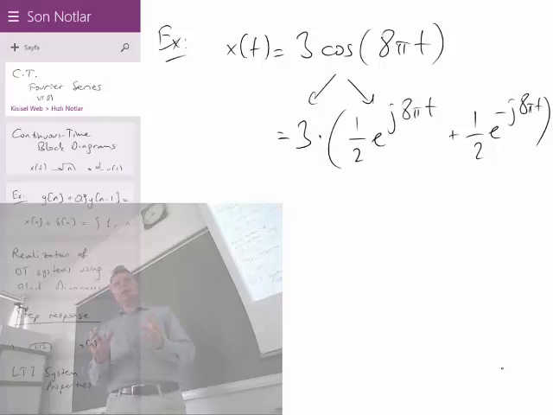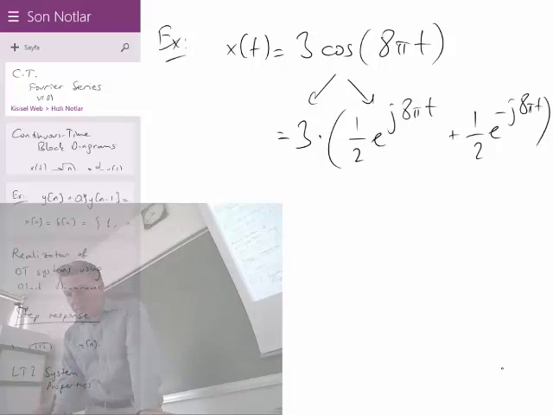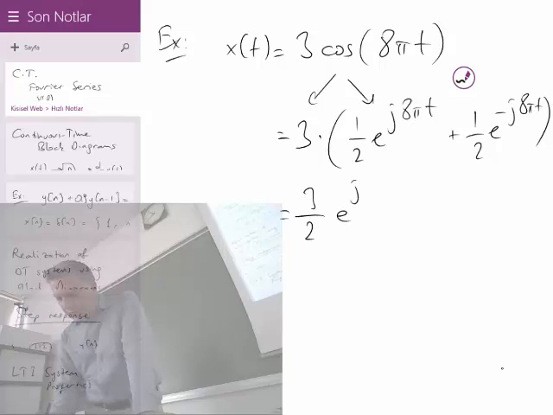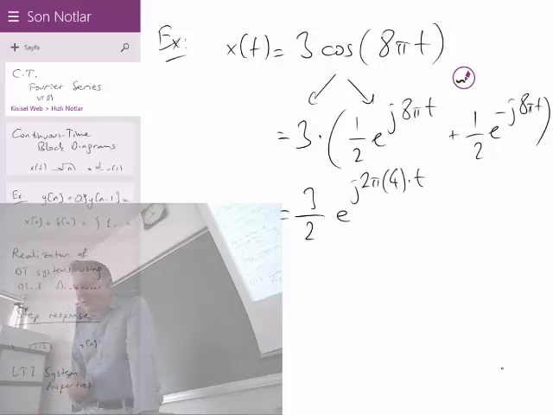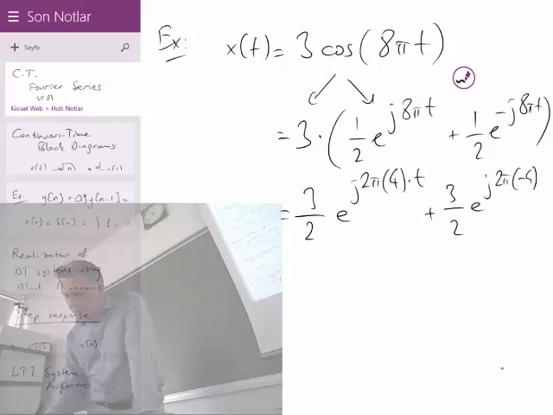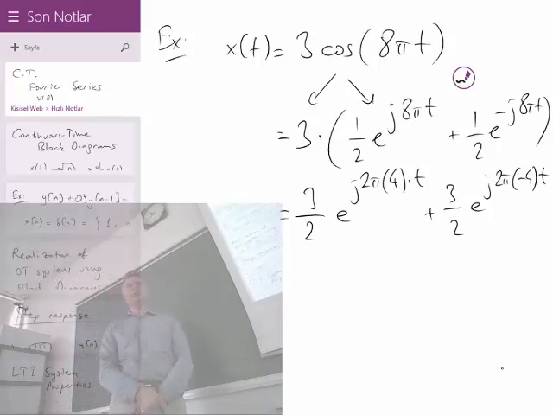So how many components, how many harmonics do we have now? We clearly have 2 different harmonics. I'm going to write it like this: 3 over 2 e to the j 2 pi 4 times t, plus 3 over 2 e to the j 2 pi minus 4 times t.